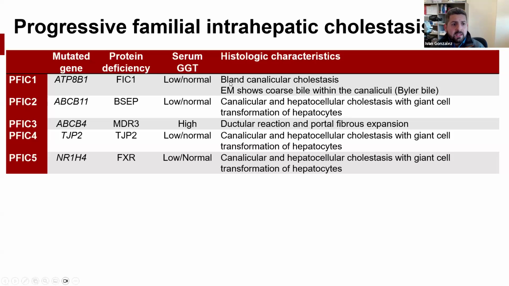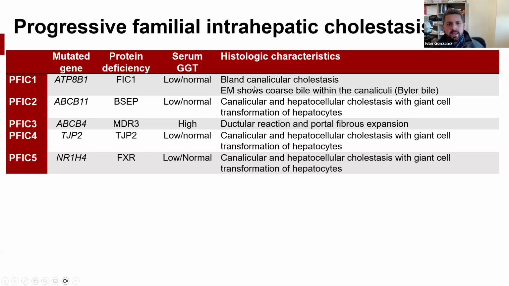In PFIC1, you have a bland canalicular cholestasis in the centrilobular area. If you do electron microscopy, you will have coarse and granular bile within the canaliculi, which we term Byler bile.